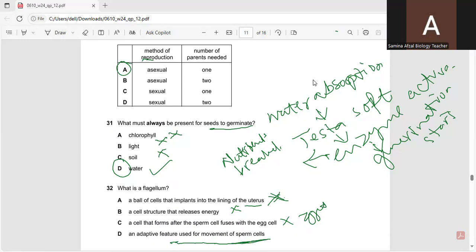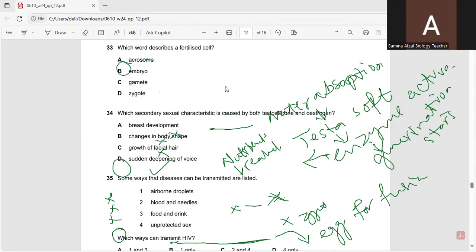Sperm cells have to reach the egg for fertilization or fusion, so they need this flagellum to move. So this is the adaptive feature. A, B, and C are not correct options.